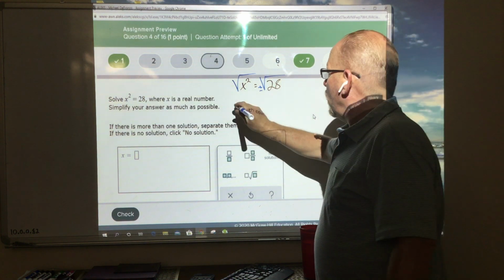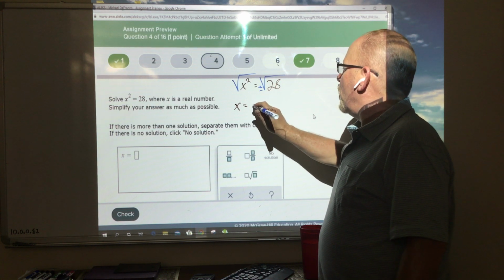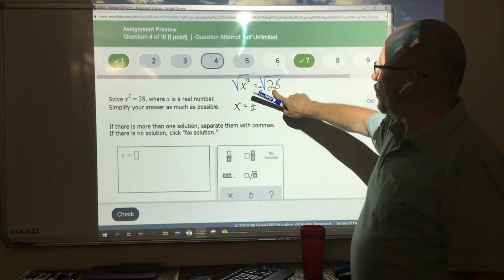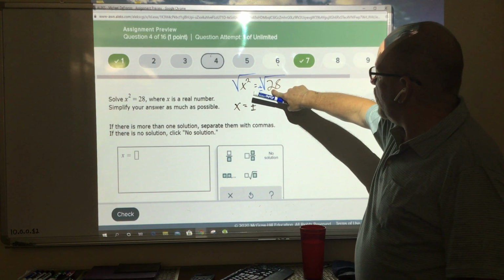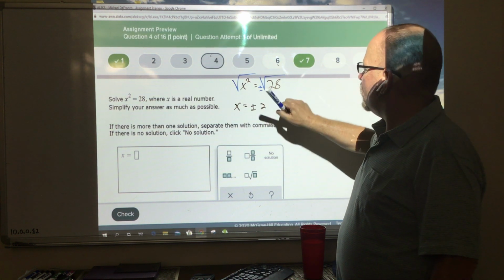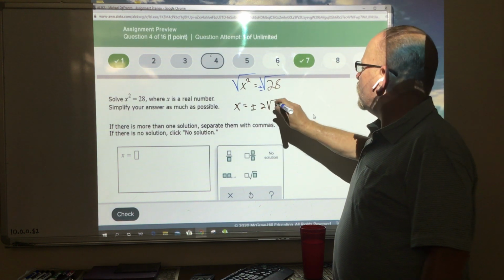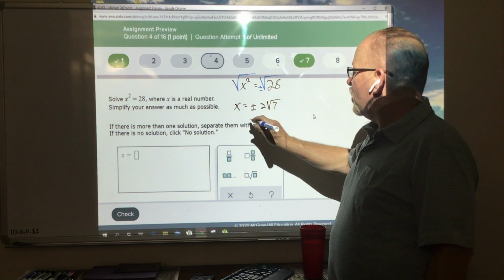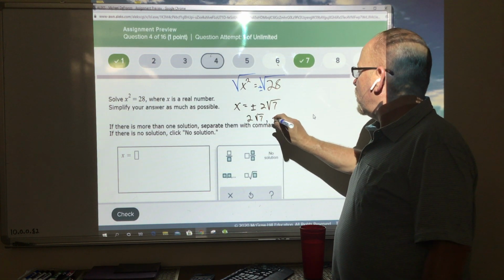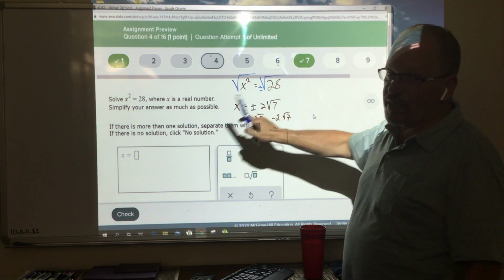So x equals positive or negative the square root of 28. Let's just simplify this while we're going. It has a 4 as a factor, so if we take that out, 4 times 7. So this would be 2 square root 7. So here our answers would be 2 square root 7 and negative 2 square root 7. It's the positive or the negative answer.